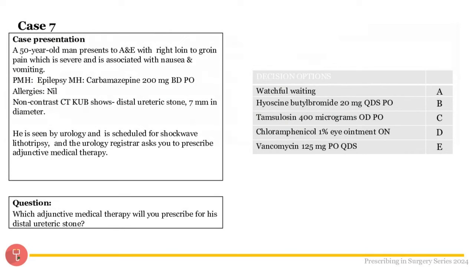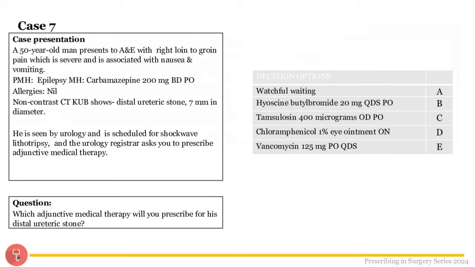So his non-contrast CT KUB shows a distal ureteric stone, which is 7 millimeters in diameter. He's seen by urology and scheduled for shockwave lithotripsy, and the urology registrar asked me to prescribe adjunctive medical therapy. So the question is, which adjunctive medical therapy will you prescribe for his distal ureteric stone?